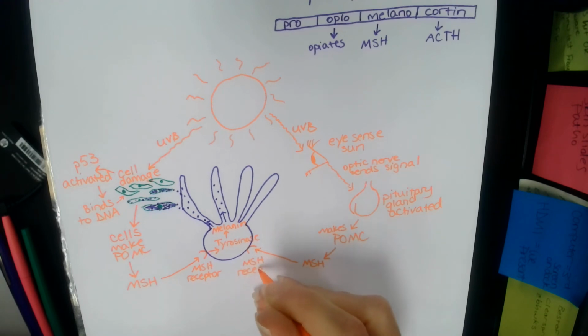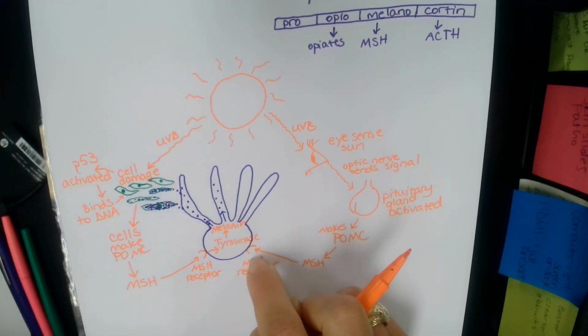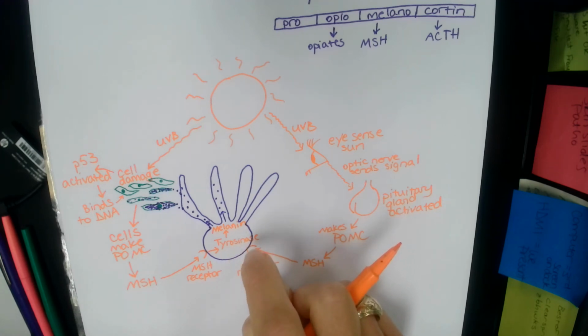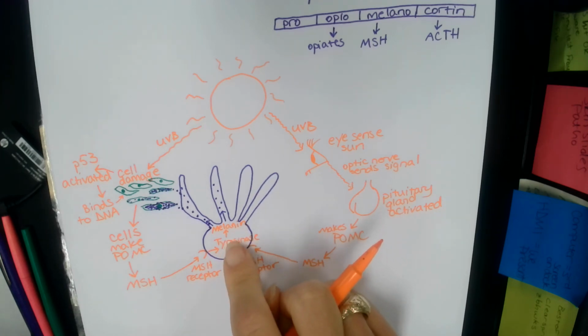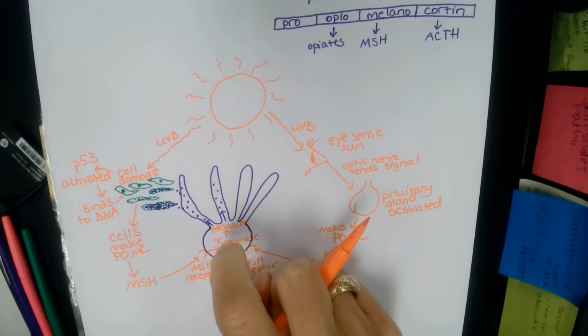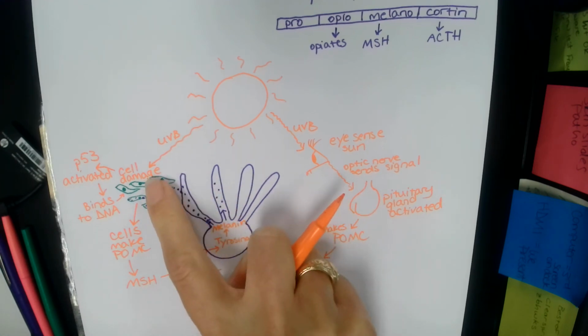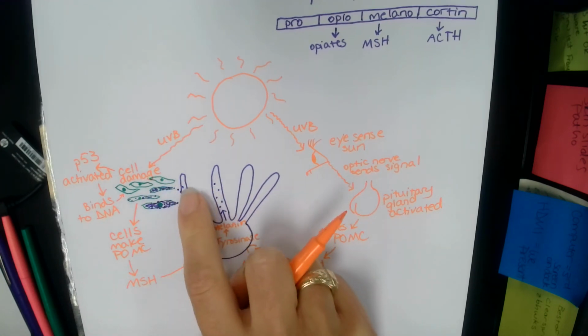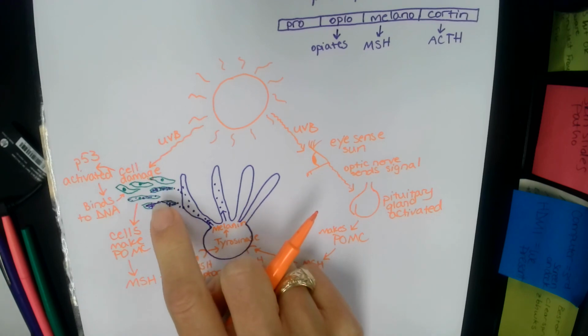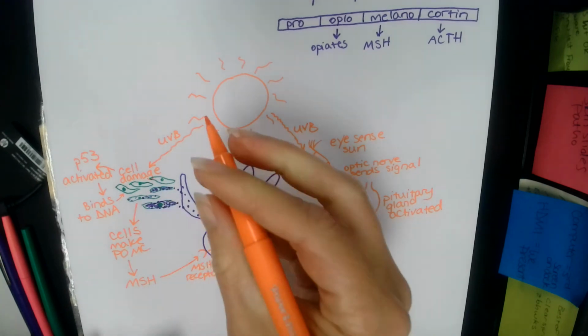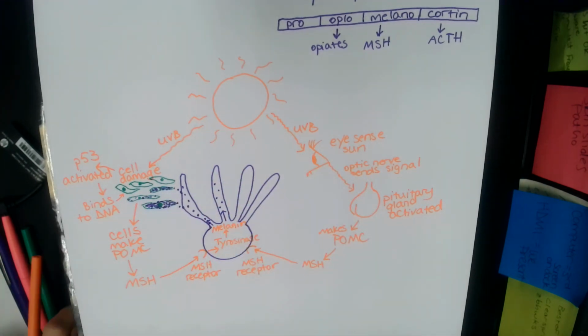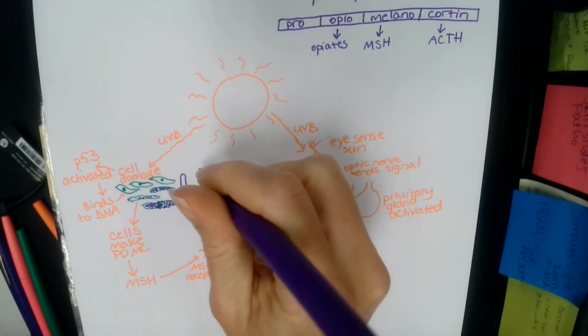So same thing, same receptor. This is going to cause some series of events that are going to activate tyrosinase inside the melanocyte, which produces melanin pigments, which then go up and fill the keratinocytes in our skin with melanin. So we'll add that here. Didn't add it before, so we'll add it.